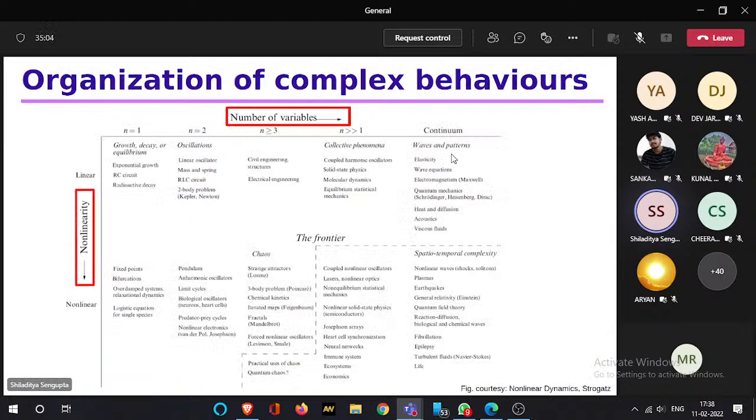So let me give you a very simple way to define what is a complex behavior or complex system or complex object. So here is a chart.